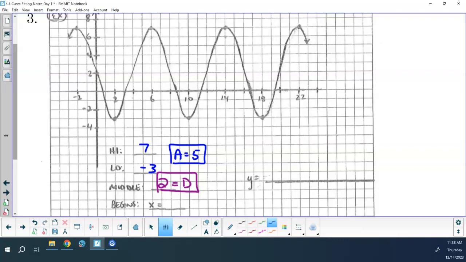Now, depending upon where you started is going to depend upon your C value, but all of the periods are 1, 2, 3, 4, 5, 6, 7, 8.